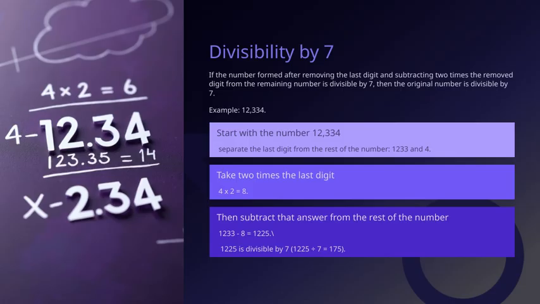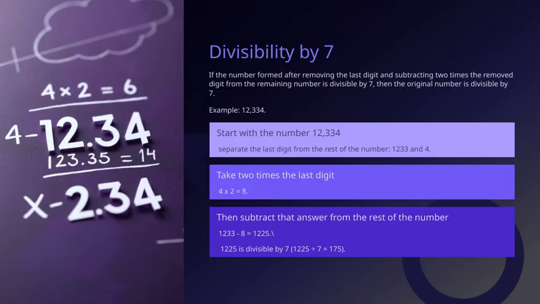But wait, in this example, I actually made a small mistake. Let's correct that. The subtraction should be 12,333 minus 8, which equals 12,325. Sorry about that. Now, the key point is to check whether 12,325 is divisible by 7.